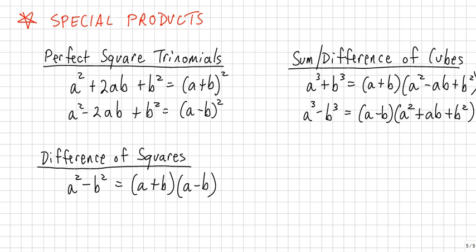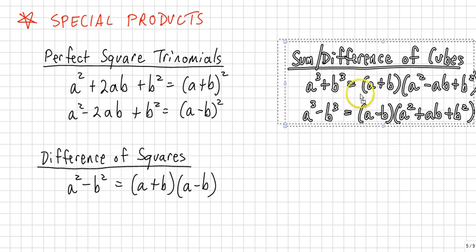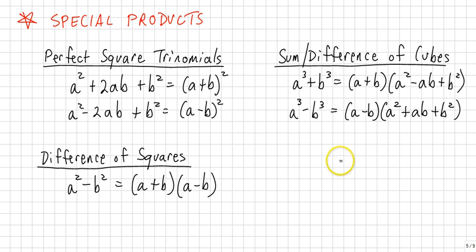And then we got two more. It turns out if you see the sum of two things being cubed, you can factor it in this pattern here. Let me make it a little easier to see. So if you have the sum of two things cubed, it'll always factor into the front number plus the back number times the quantity the front number squared minus the front number times the back number plus the back number squared.